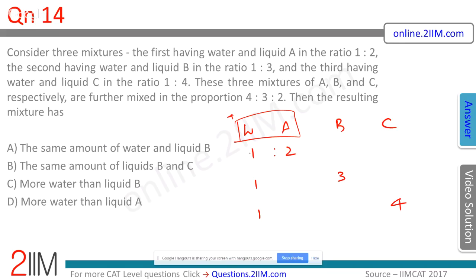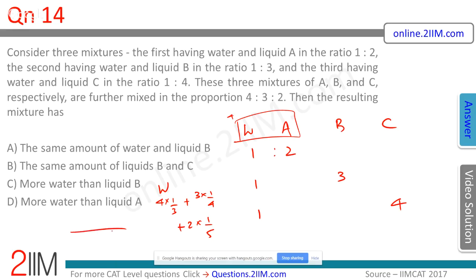So I'm going to think about only water. I'm going to track water and A, and water and B. So water would be 4 units of 1/3 plus 3 units of 1/4 plus 2 units of 1/5. That's how much water is going to be there in terms of the ratios. We already know 4 into 1 by 3 plus 3 into 1 by 4 plus 2 into 1 by 5.